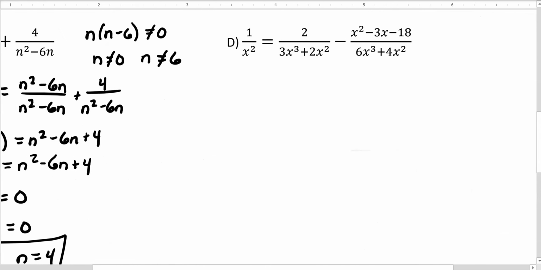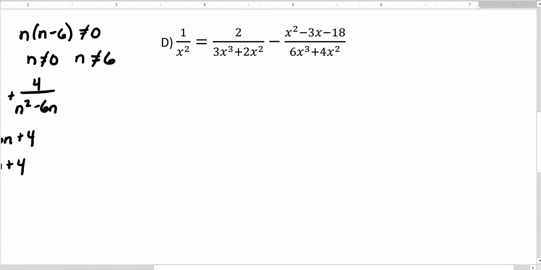Oh my gosh, look at the size of this one. Oh my lord. Okay. So, excluded values. Well, what's going to be my common denominator here? I'm going to need to multiply this one by 2 to get it. I'm going to multiply x squared by 6x plus 4.